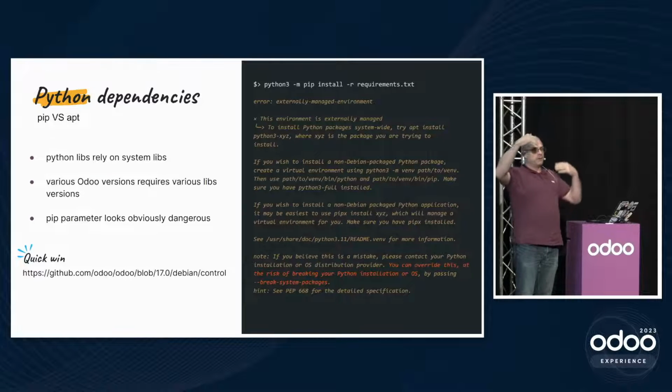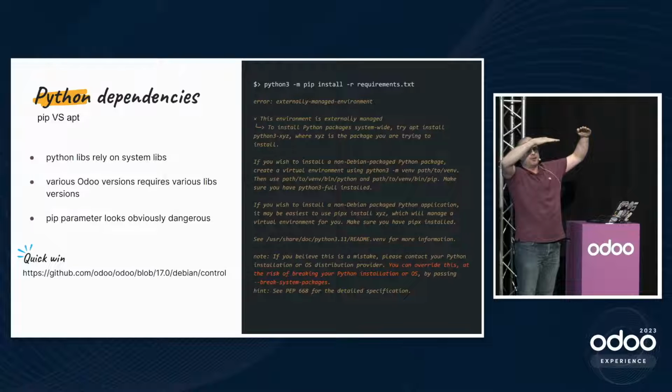So you have the C library, and on top of that you have the Python library. An unattended upgrade will upgrade your system library. Maybe your Python library is completely out of date regarding this C library. So the unattended upgrade has broken your deployment.